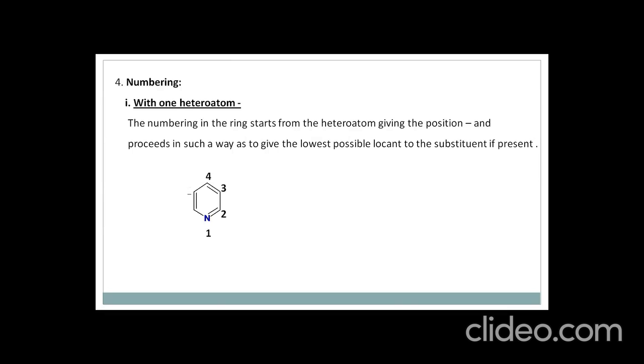So first is the nitrogen, then accordingly you give the numbers. Now second example, this is pyridine, but it has a substituent. So obviously you give number 1 to this nitrogen, and where to give the second number, whether in a clockwise or anti-clockwise manner, you have to choose, you have to give the lowest locant to the substituent.